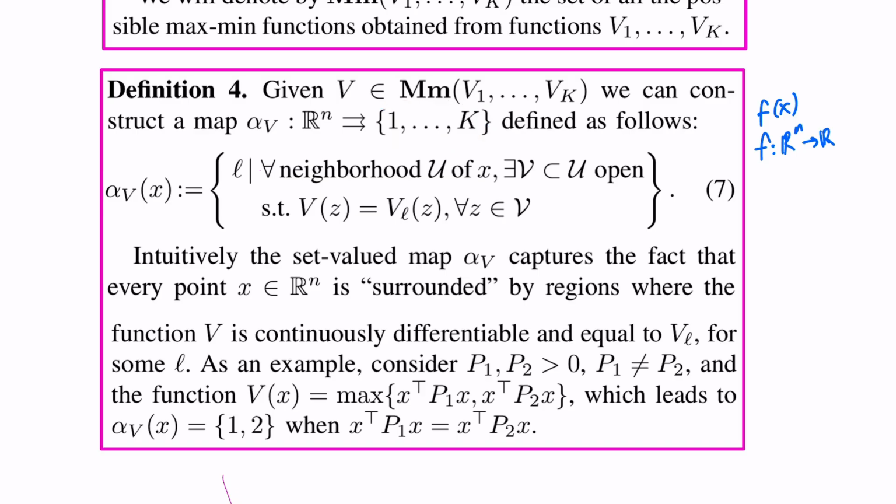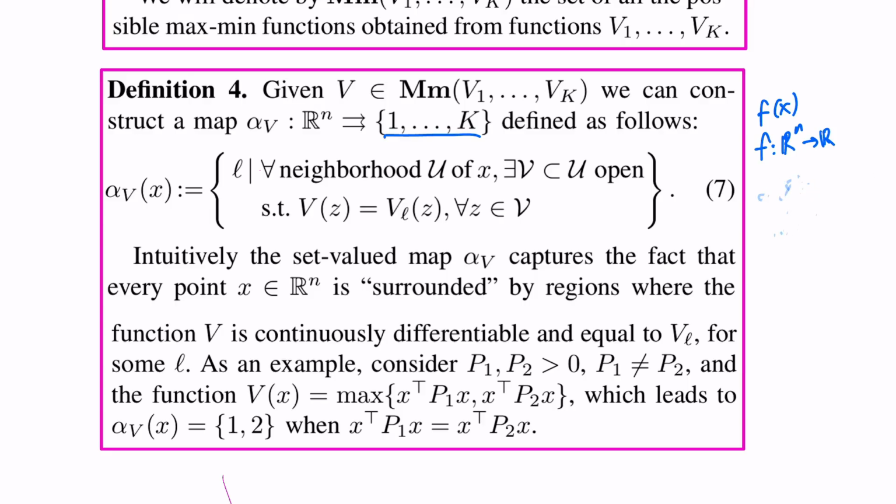Makes sense? For example, let's say alpha of x, where x is in Rn, and the set is from 1 to K. The answer might be, for example, 1, 3, and then 5. Again, this is not a number, this is a set of values.